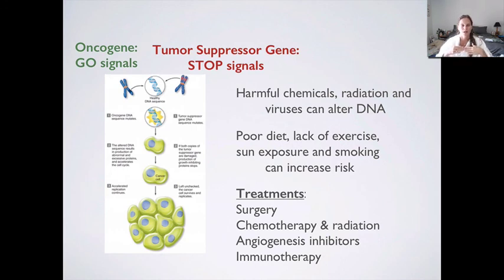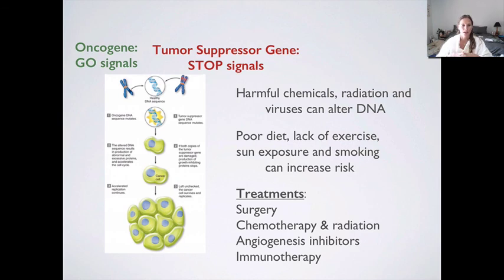Some of the things that we know that can alter DNA and cause mutations that could ultimately lead to cancer formation are harmful chemicals in our environment, environmental toxins. Radiation is a known carcinogen. Sometimes viruses are very tricky, and we'll talk more about them, but they basically hijack our DNA and cause the cells to start producing viral DNA, which is kind of messed up.